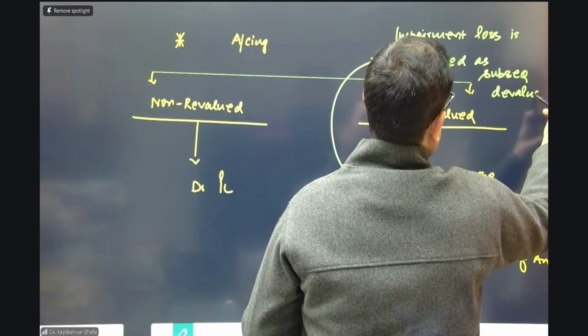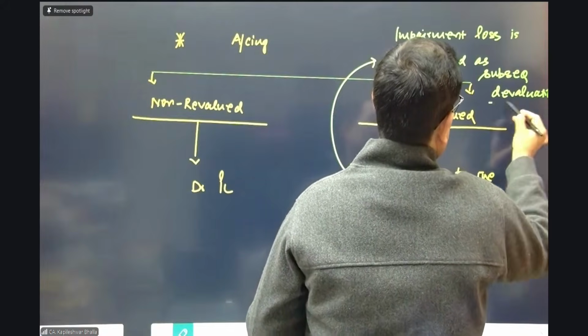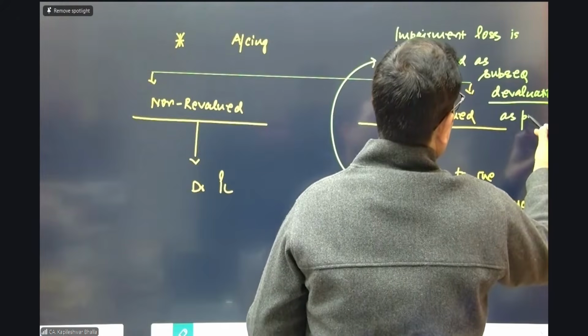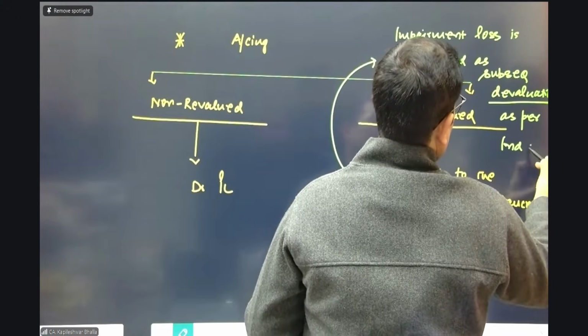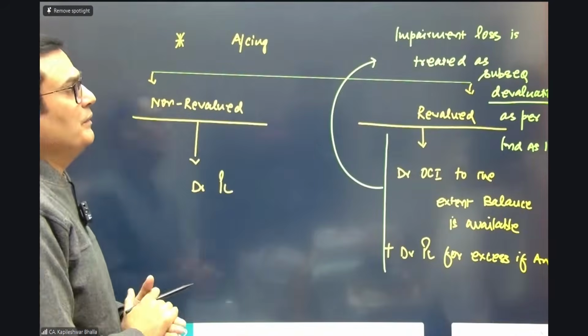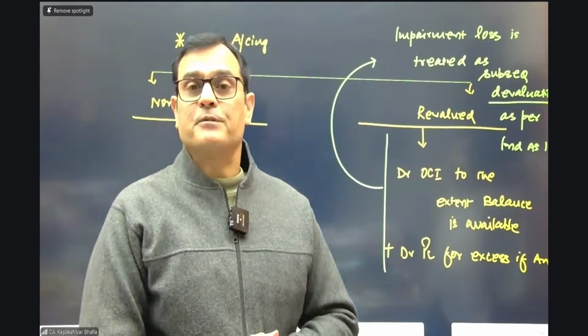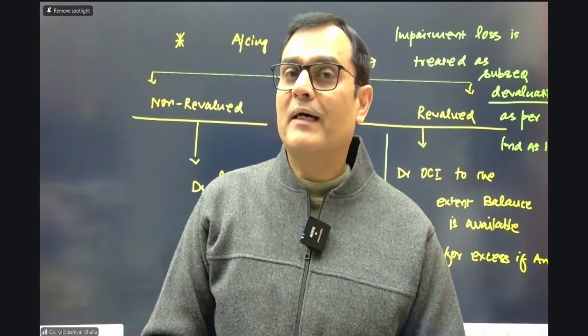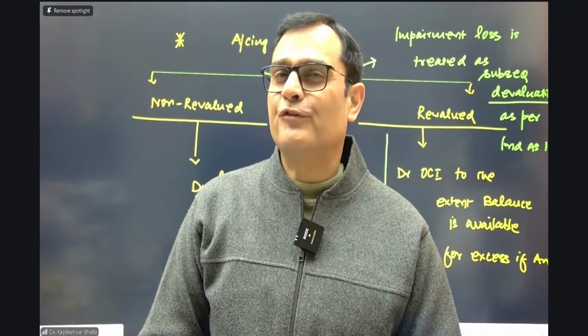It is treated as a subsequent devaluation as per Ind AS 16. So the way you treat a subsequent devaluation under Ind AS 16, this is exactly a subsequent devaluation.